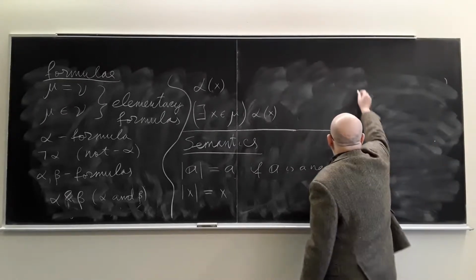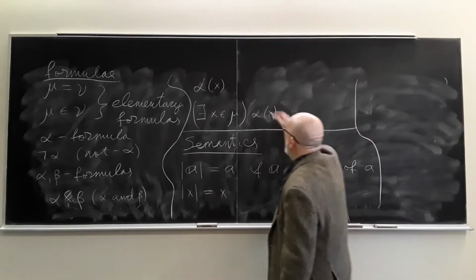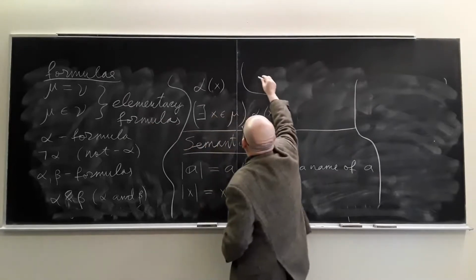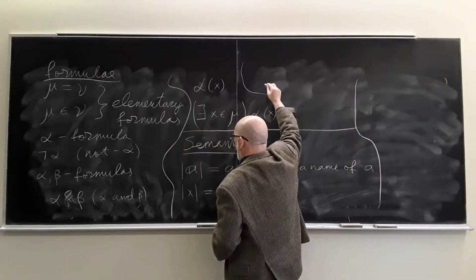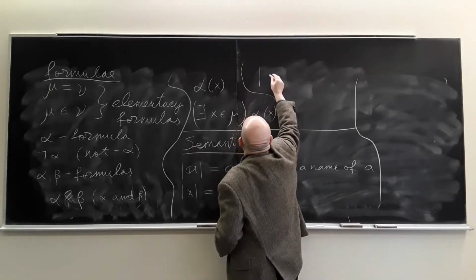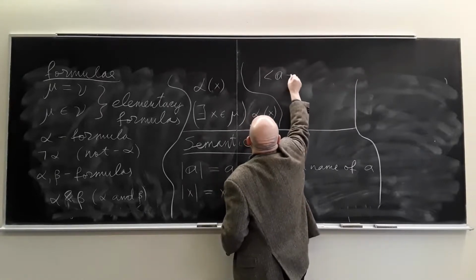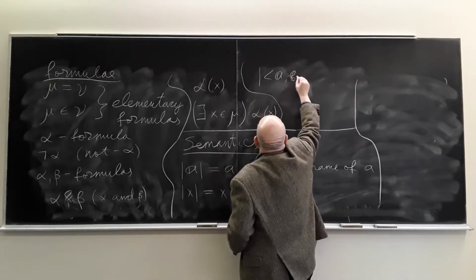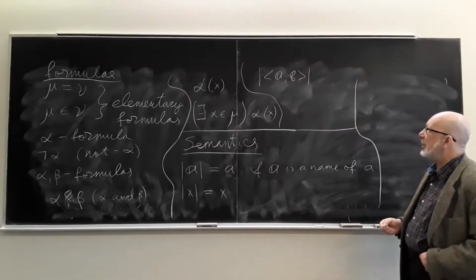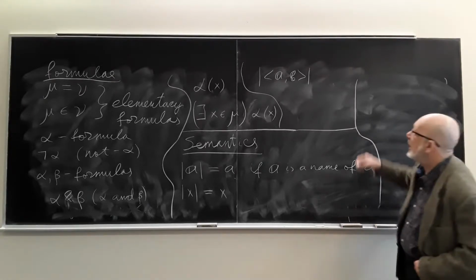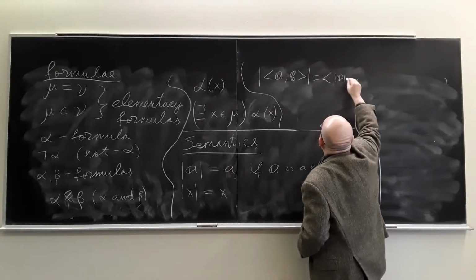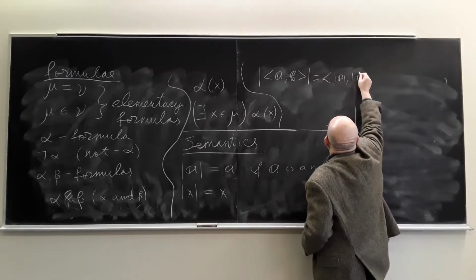Now, if you have elementary formulas, just a minute, you write meaning of set A and B. So we have two names of two constants, which are names of elements of S, and the meaning is simply the pair: meaning of A and meaning of B.